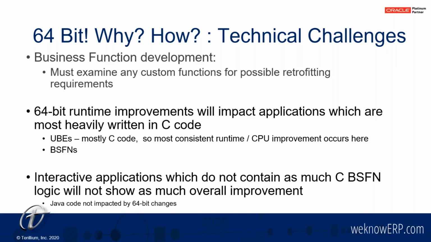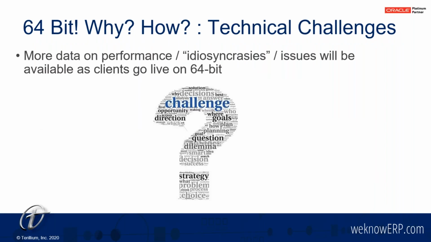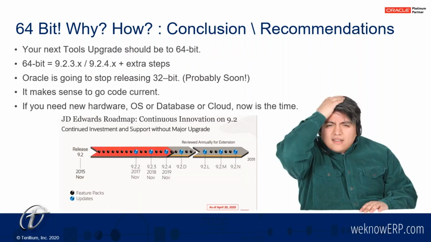So any UBEs that are a lot of C code, you're going to see more room for improvement there, as with business functions. Interactive applications that have most of the logic in event rules code, that's not impacted by 64-bit, so you won't see as much improvement there. Again, the only way we're going to get more knowledge of the idiosyncrasies in data over time is going to be as clients go live.